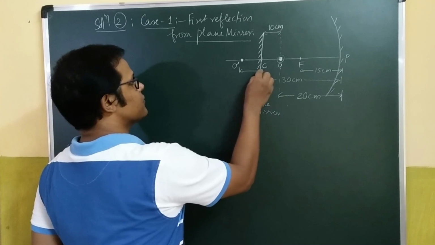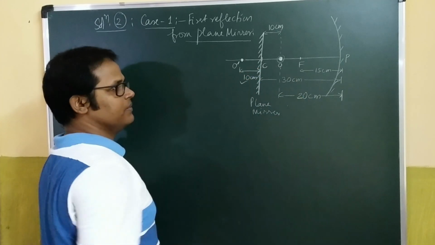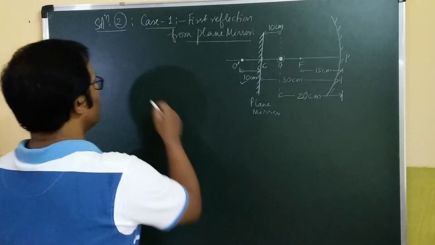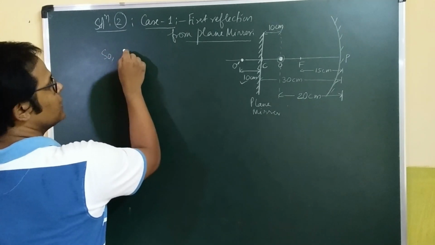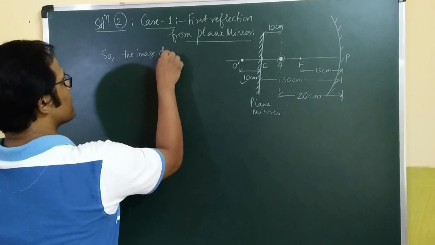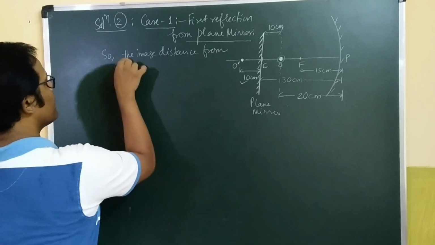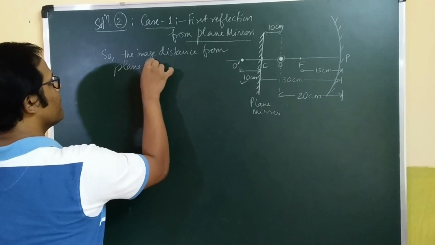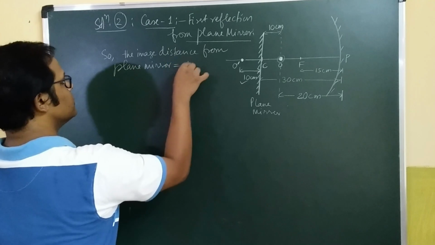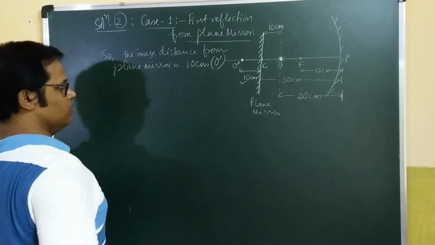And this distance from the mirror, which is a virtual image, also has to be exactly the same, that is 10 centimeters. So the image distance from the plane mirror should be equal to 10 centimeters, which I have shown in the diagram as O dash.